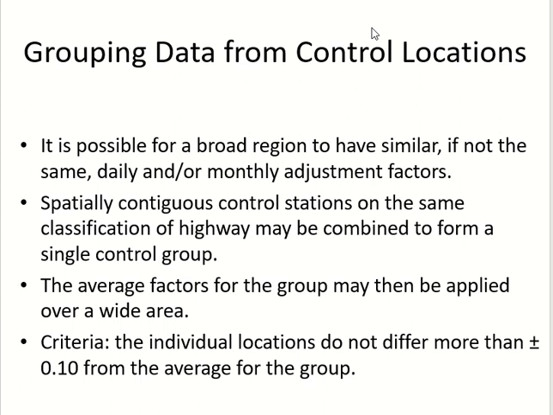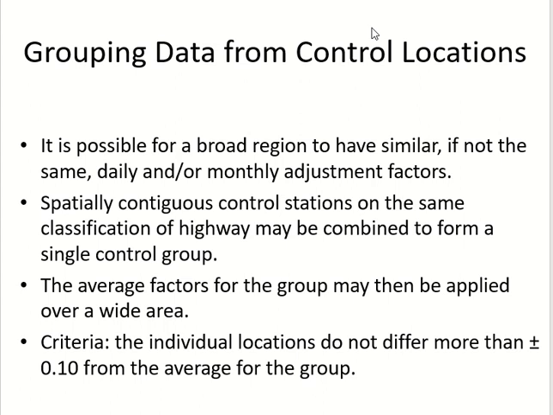Now these adjustment factors were coming from control locations. I told you earlier as well, all factors are calculated from control locations, control counts. Remember we are talking about a statewide program, very large. So you will not have one control count, you will have many. It can go up to hundreds or thousands.